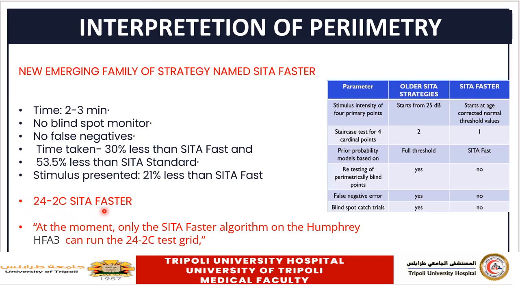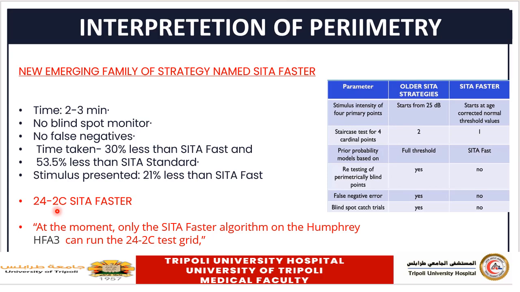Now we will speak about the pattern of the visual field printout in the next slides. But this is a new family that is emerging, the 24-2C SITA Faster. You will find this only in the Humphrey visual field 3. Now, when we speak about the pattern of visual field, we'll speak about this new entity of perimetry map, that's the 24-2C.